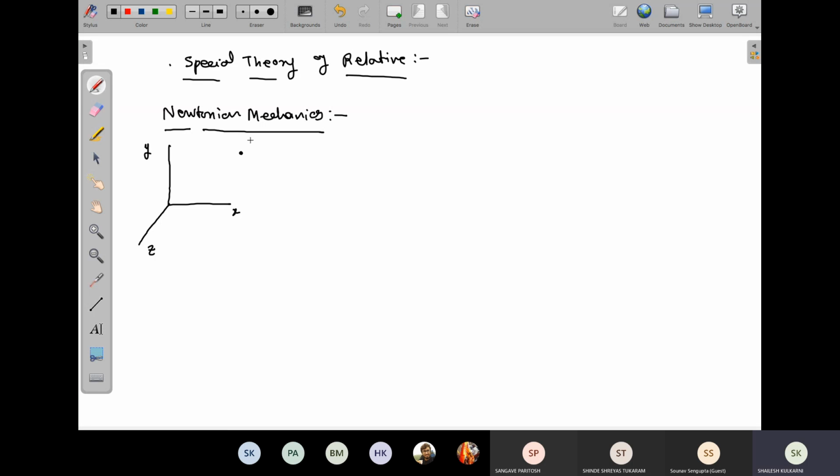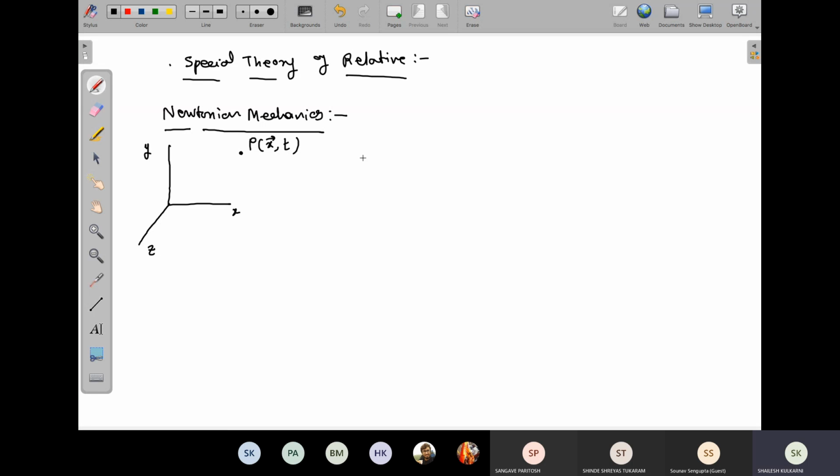Let us call this point P. Obviously, this P will have coordinates x, y, z that I am writing as vector x, and possibly time. We have a point in space time. Its coordinates are labeled by vector x. Vector x, I mean x, y, and z. Three numbers and time.